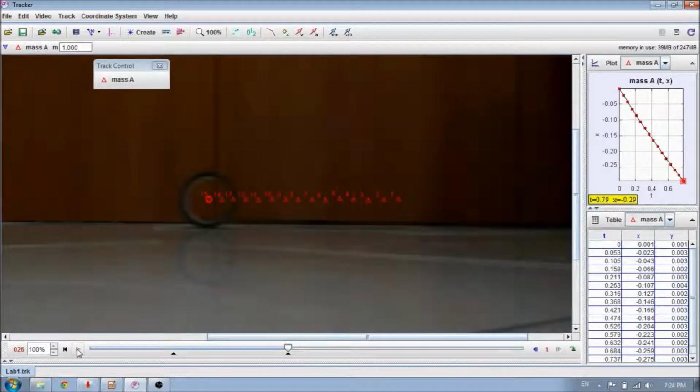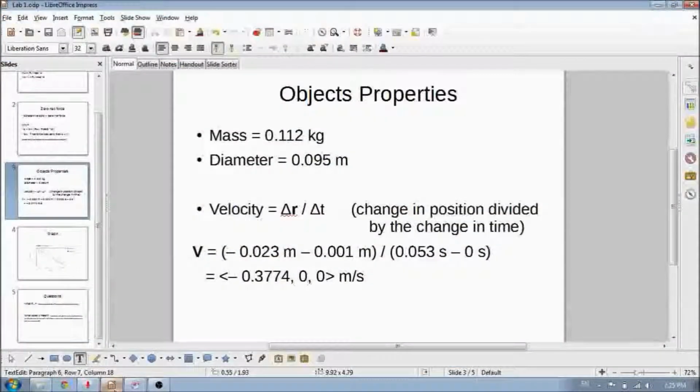After that, I took 2 points from the middle and calculated the velocity as shown here. Negative 0.023 meters minus 0.001 meters divided by 0.053 seconds minus 0 seconds, which is negative 0.3774 meters per second.